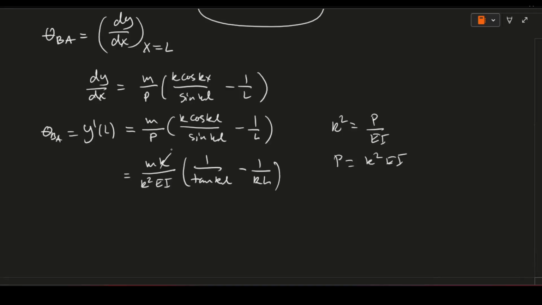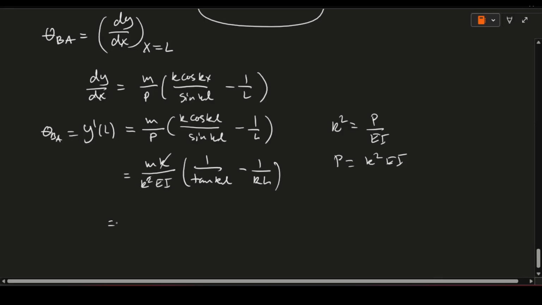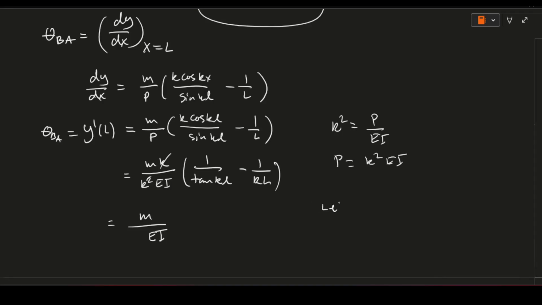And we see that the k cancels, and we get M over EI. I want to let u equal kL, so I don't have to write that all the time.